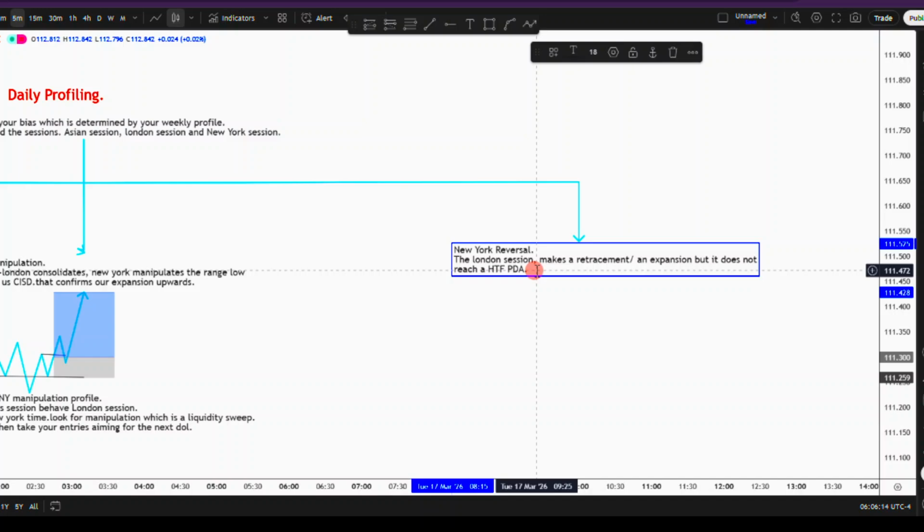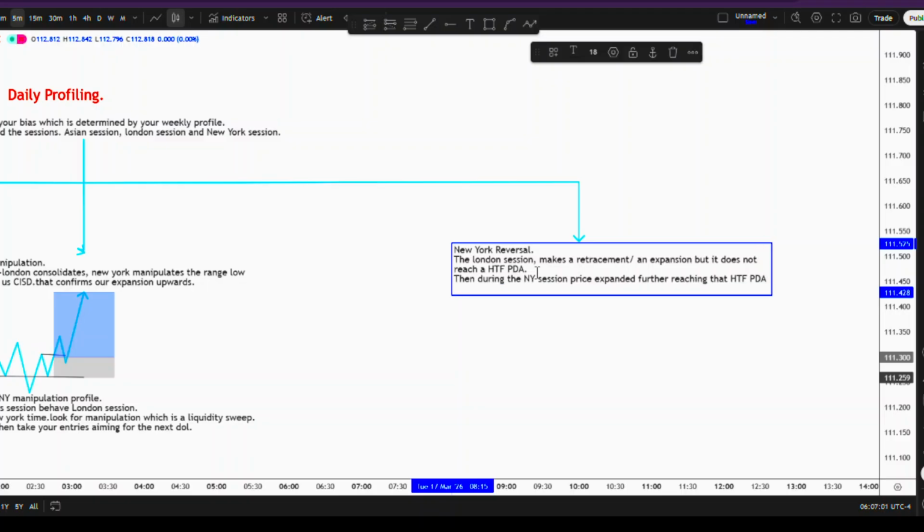So if I was to continue this, during the New York session, this is basically the first few hours of New York session open, price expanded further, reaching that higher time frame PDRA that London failed to reach.